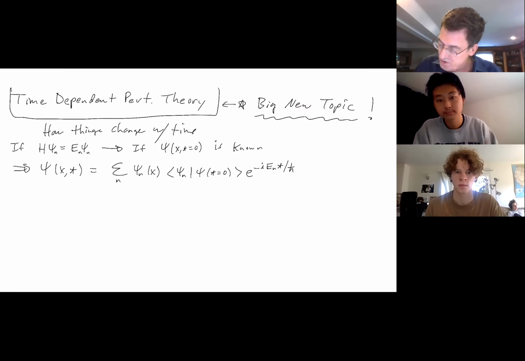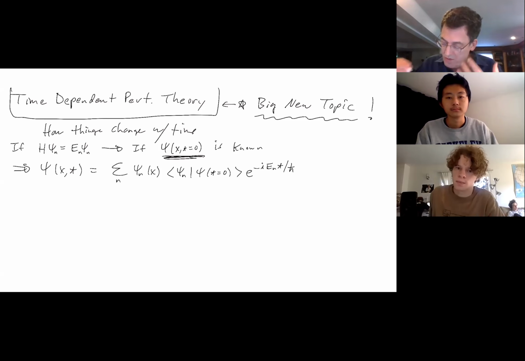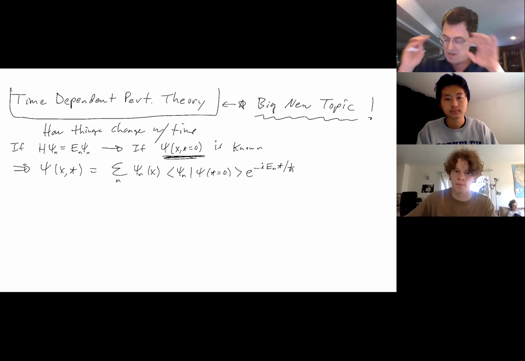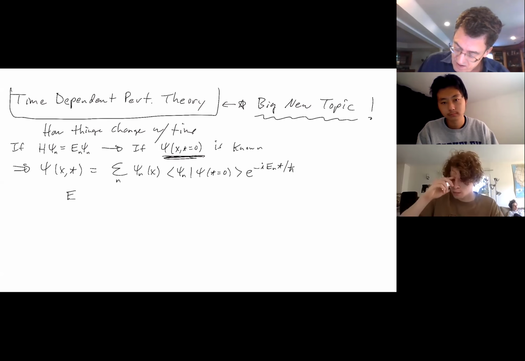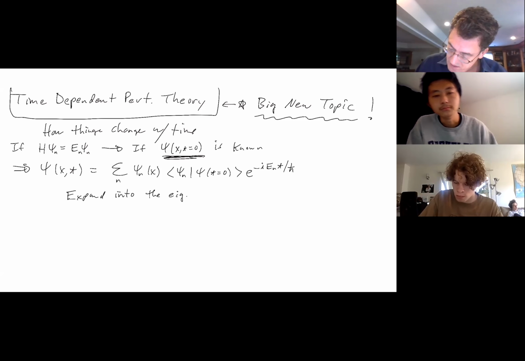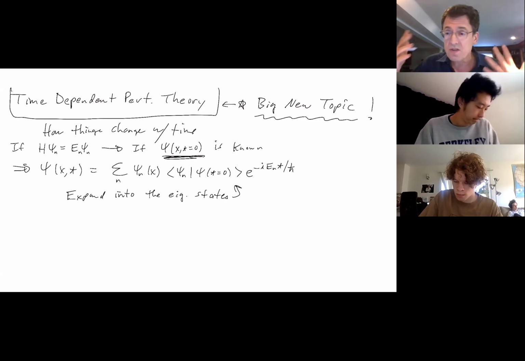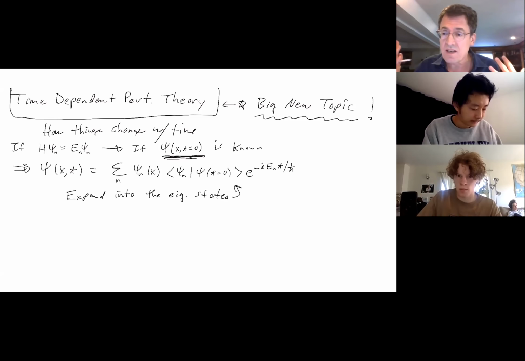Like if you already knew the wave function at time t equals 0, then you basically just expand into the eigenstates in this familiar way. I'm hoping that this is looking kind of familiar to you.